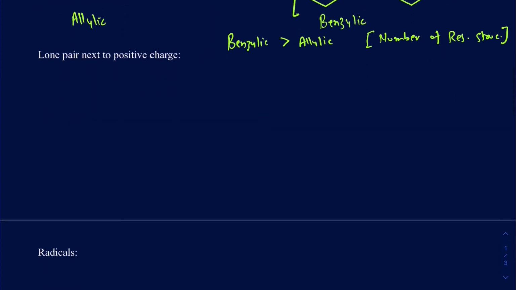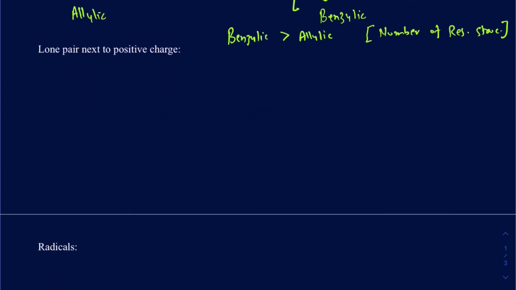The other thing you can look at is the lone pair next to the positive charge. I could possibly talk about, let's say, this carbocation right there, which seems to be a secondary, versus this carbocation right there, but now I'm going to have an OH group attached to it. Now, this one is going to be more stable because there is a lone pair right next to that positive charge, which can actually give a resonance structure.